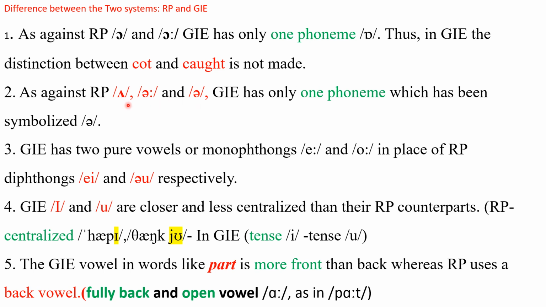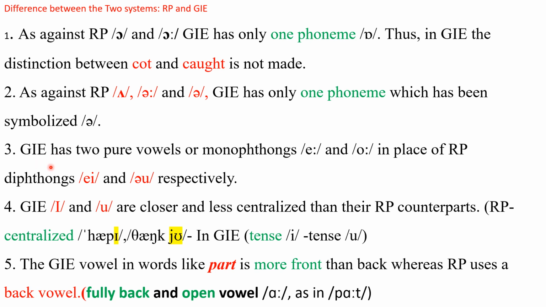So these three sounds we find in RP in pronunciation, whereas GIE has only one phoneme in place of these three, that is this.